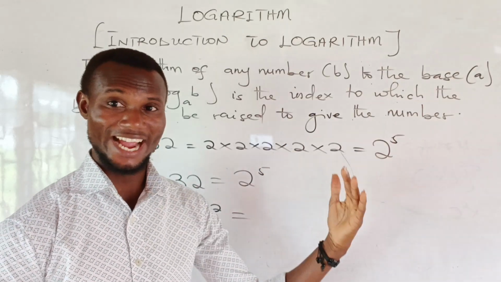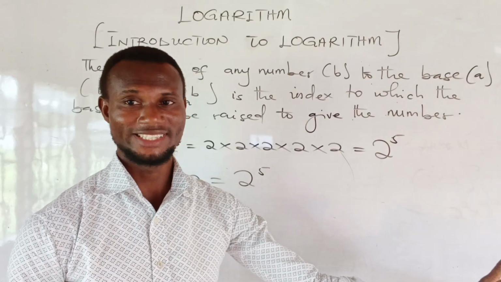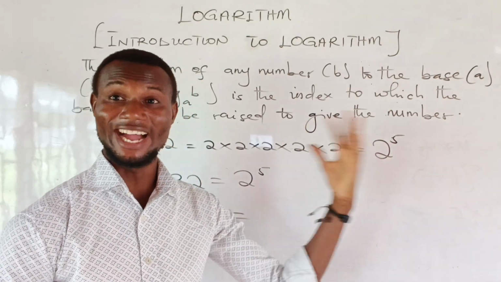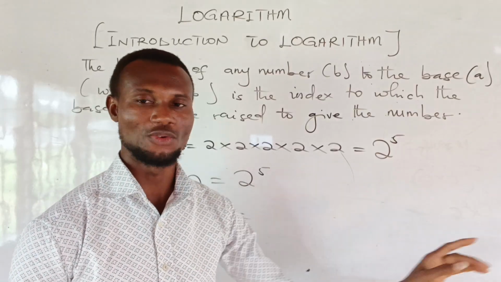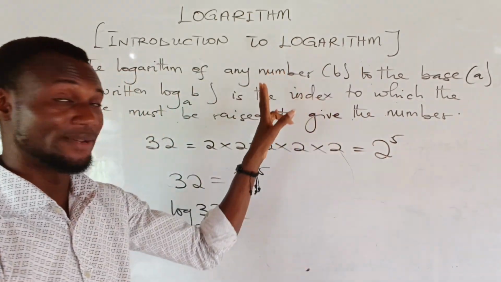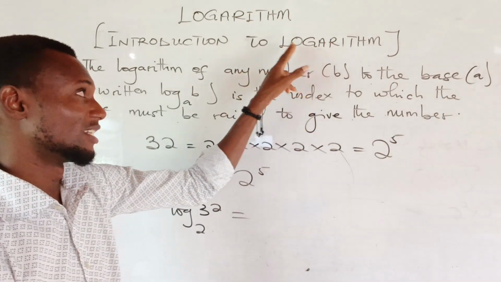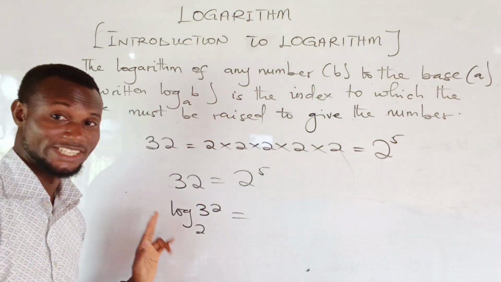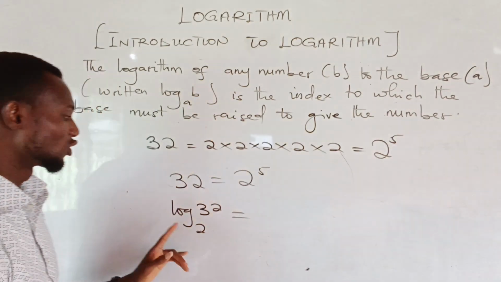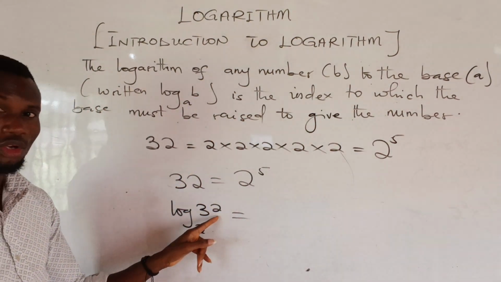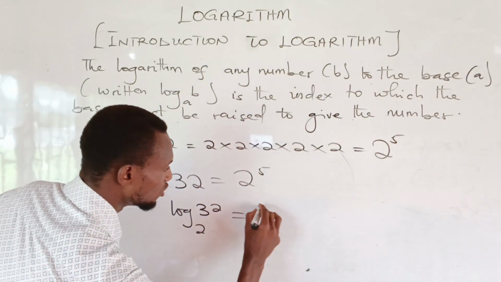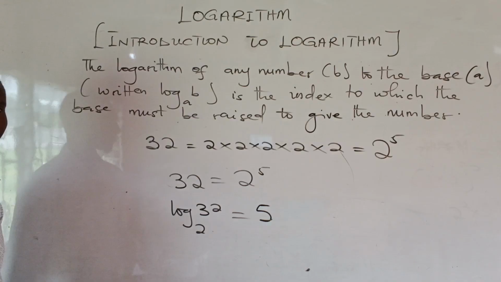When you are writing the sine, you write sin. When you are writing the tangent, you write tan. So you use the first three initials, and that's what we call log. So the log of 32 to the base 2 should be equal to 5.